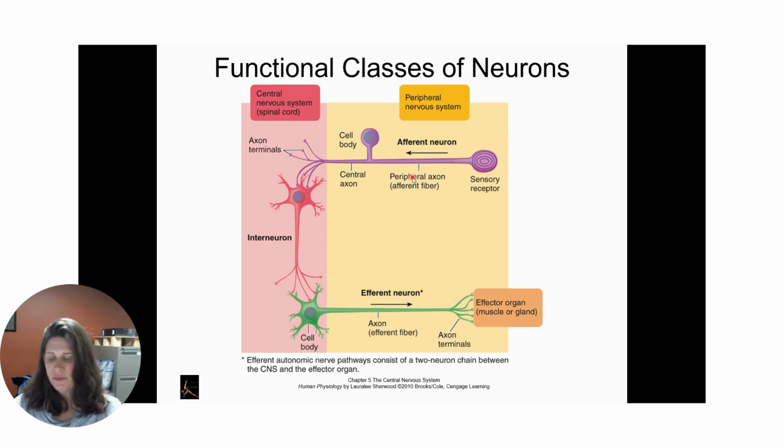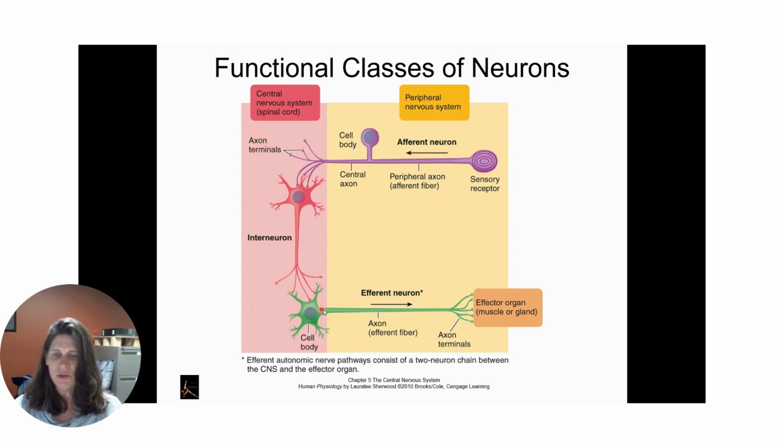So the functional classes of cells, we have three of them that make up the nervous system. We have the afferent neurons, which again are sensory neurons. You have an interneuron. These are the neurons that are associated with the central nervous system. They're usually completely embedded within the central nervous system. You can see the pink area here is the central nervous system.